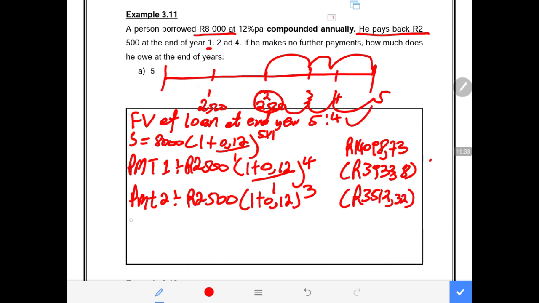Then we go to payment number 3, PMT3, where the same amount of 2.5 was paid. Then we say 1 plus 0.12 to the power of 1. Then we calculate the future value of that 2.5 times 1 plus 0.12.